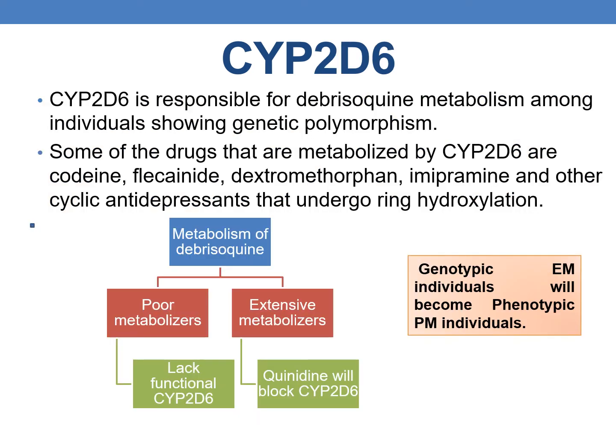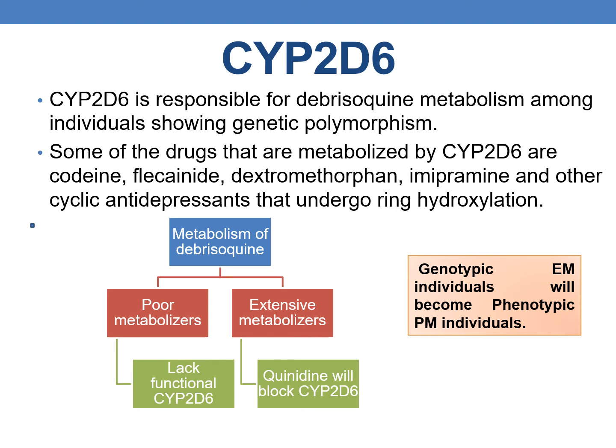The other gene is CYP2D6. CYP2D6 is responsible for debrisoquine metabolism among individuals showing genetic polymorphism. Genetic polymorphism as such is a different topic, and debrisoquine is used as a marker to determine the genetic polymorphism.